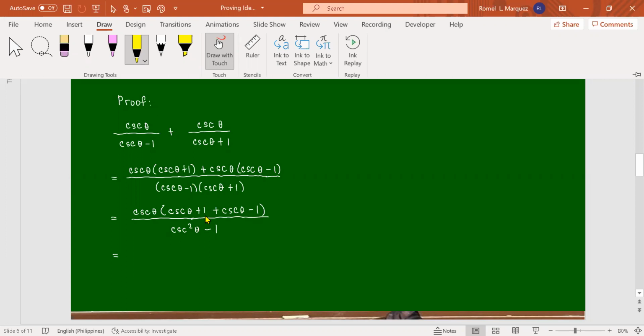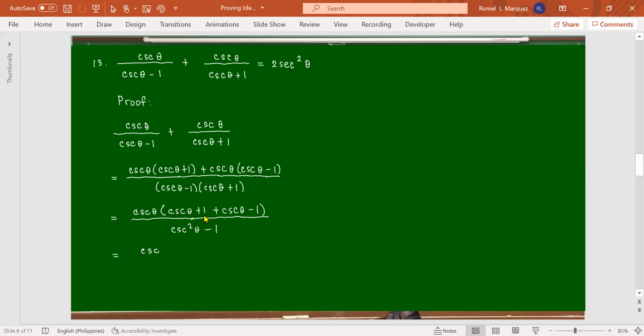So you now have 2 cosecant squared. This is 2 cosecant times cosecant, so this is now 2 cosecant squared.